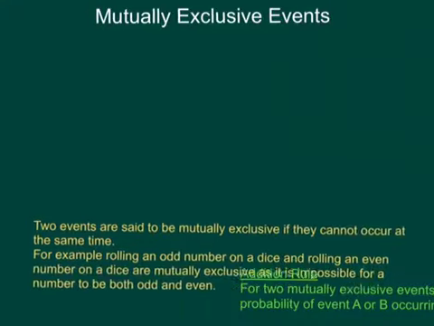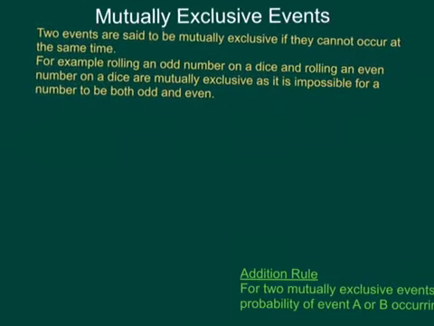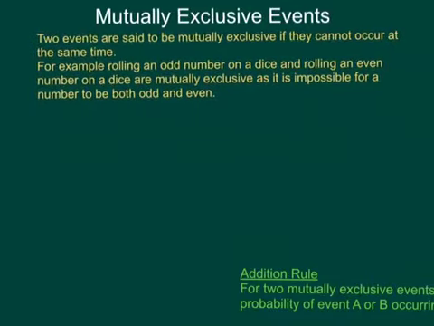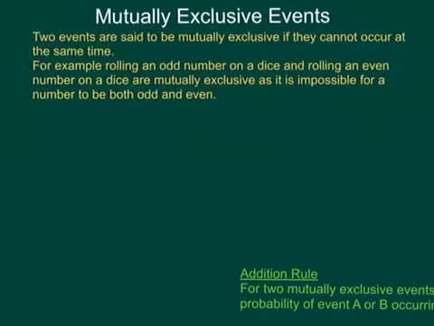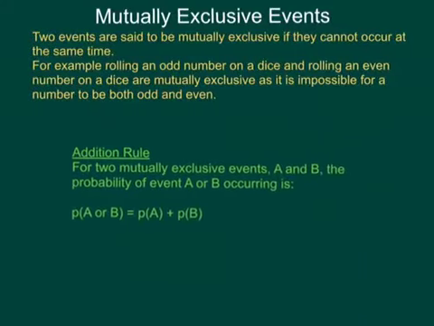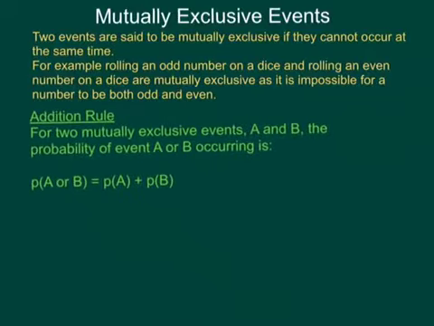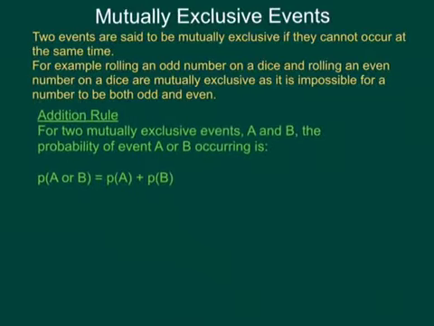The other type of event we will look at is a mutually exclusive event. Two events are said to be mutually exclusive if they cannot occur at the same time. For example, when you roll a dice, you cannot get an odd number and an even number at the same time. So those events are said to be mutually exclusive. There's an addition rule for mutually exclusive events, and it says if we want to find the probability of A or B occurring, then it's the probability of A plus the probability of B. For the event above, the probability of getting an even number we'll call A, that's equal to a half.